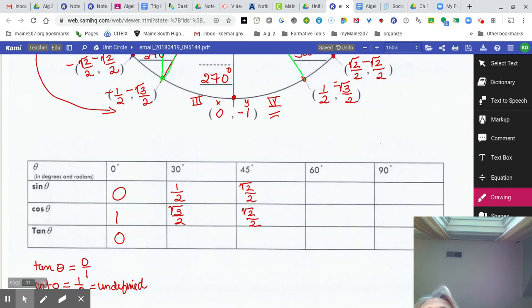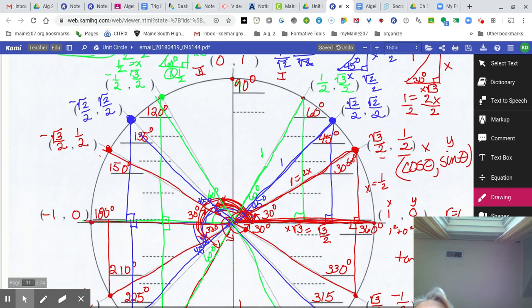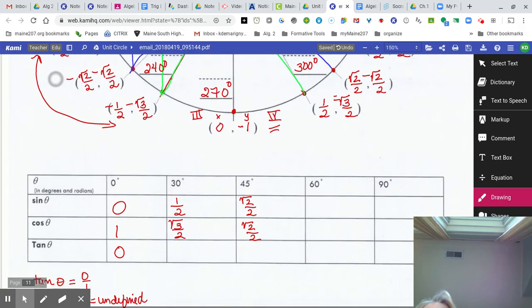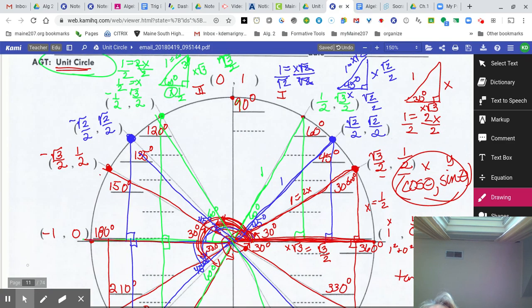Now notice I'm saving the tans for just a second. For 60 degrees, these two are reversed. So if you needed to look back, the cosine is 1/2 and the sine is root 3 over 2. Remember, their order is cosine, sine. So if I'm filling in my 60 degree, this is root 3 over 2, and this one is 1/2, according to what I'm looking at here.